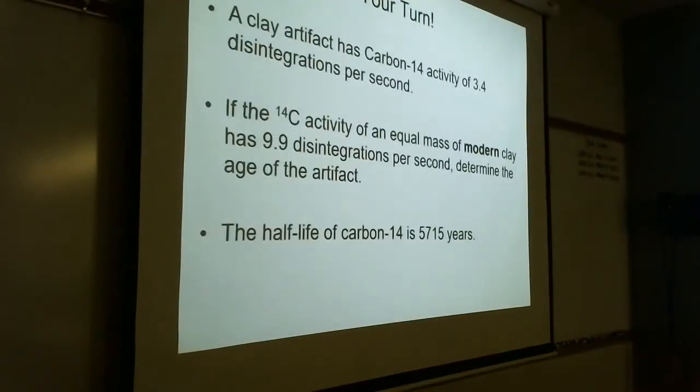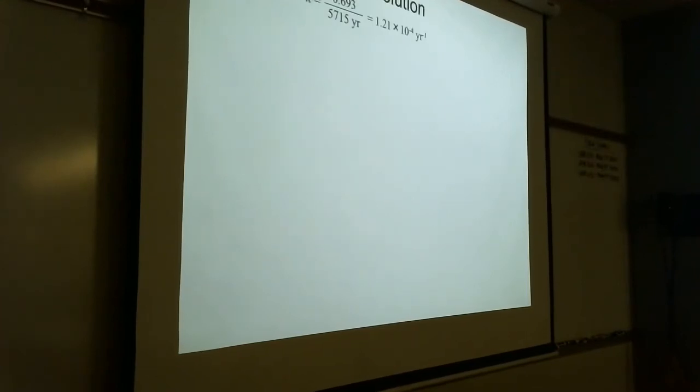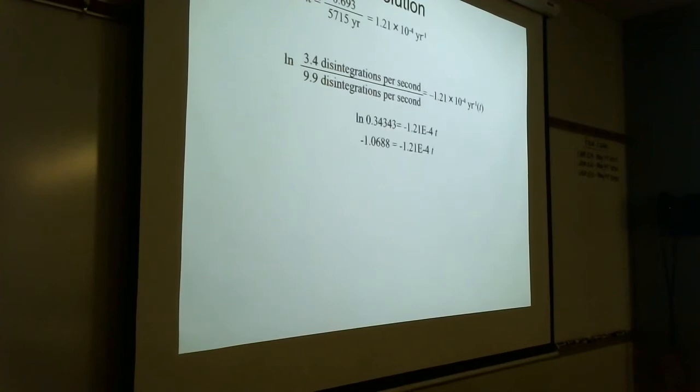Okay, so we're comparing our artifact to modern. So we've got to solve for the rate constant, right? We can't do anything without that. So the natural log of 3.4 divided by 9.9 is equal to negative kt. t is what we're solving for. So I got 8,833.